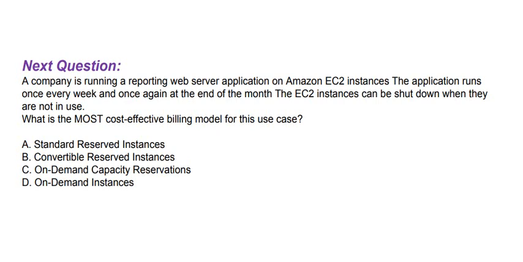Option A, standard reserved instances. Option B, convertible reserved instances. Option C, on-demand capacity reservations. And option D, on-demand instances. The correct answer is option D.